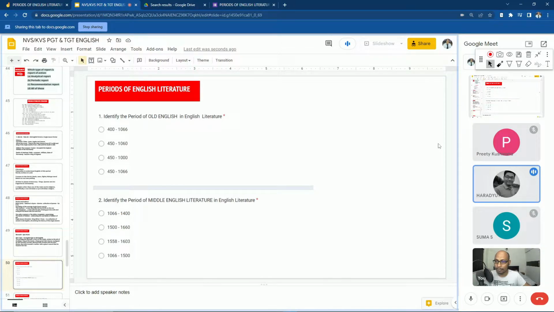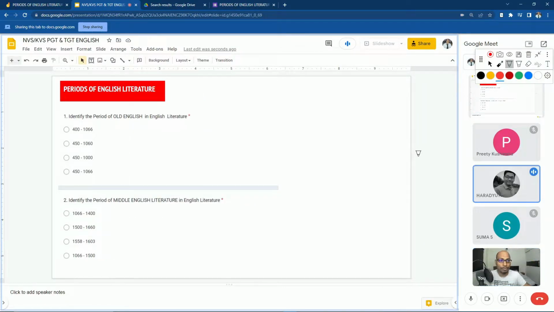Identify the period of Old English in English literature. It will be 400 to 166. What is the answer? Tell me again. Priti ma'am, what is the period of Old English literature? Middle English, sir.